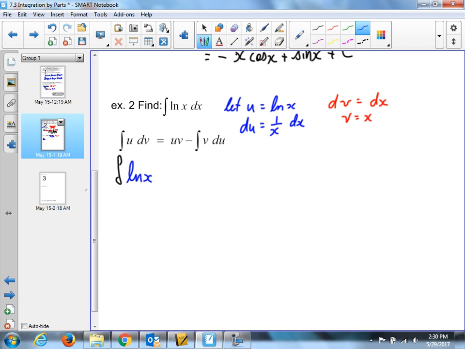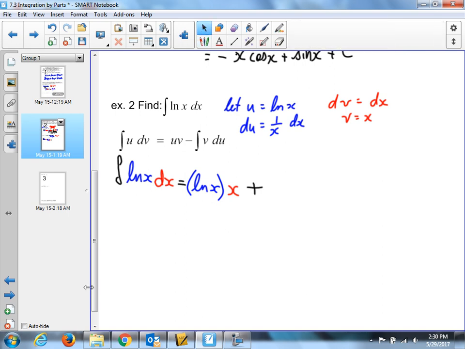The integral of ln of x, natural log of x, dx is equal to the u and the v, natural log of x, v is x. Now, typically I'll write it in this order first. Typically, you would write the x in front, but you already see it that way.